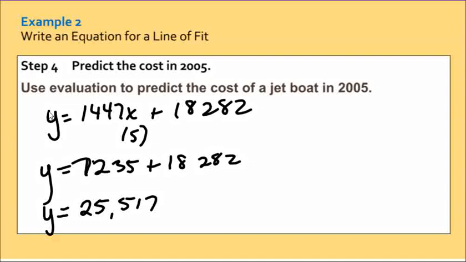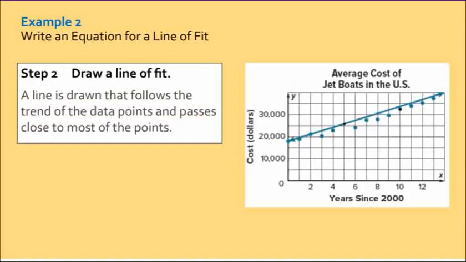Now, based on our graph, if I go back to our graph, 2005 would be right here, halfway between, so that would be roughly 25,000 there.